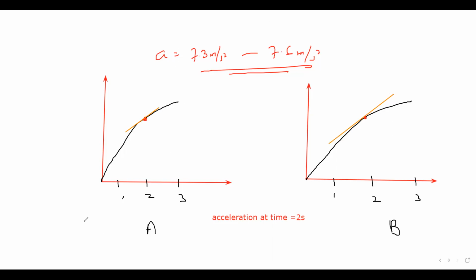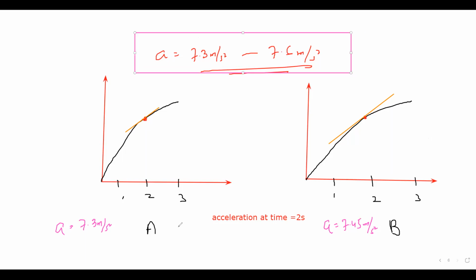When student A calculates, he gets an answer that acceleration is 7.3 meter per second square, and student B gets the answer 7.45 meter per second square. So both are getting the answer in the range, because the marking scheme for this type of question gives you the range. Both of them are getting the right answer, because 7.3 to 7.6 is right.